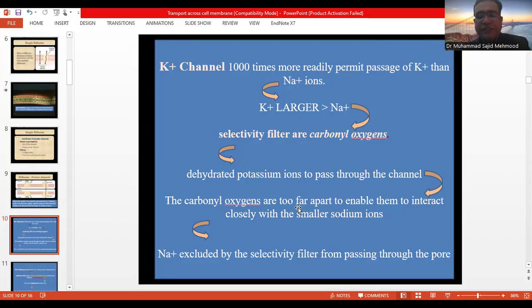The carbonyl oxygens are too far apart to enable them to interact closely with the smaller sodium ion. सोडियम आयंस के जो वाटर मॉलिक्यूल्स हैं उनके साथ ये इसलिए नहीं बाइंड कर सकते हैं कि they are located farther apart, क्योंकि साइज ऑफ द सोडियम इज स्मॉलर, and due to smaller sodium size they cannot bind with the water molecule of sodium and dehydrate the sodium easily. So sodium is excluded by the selectivity filter from passing through the pore.